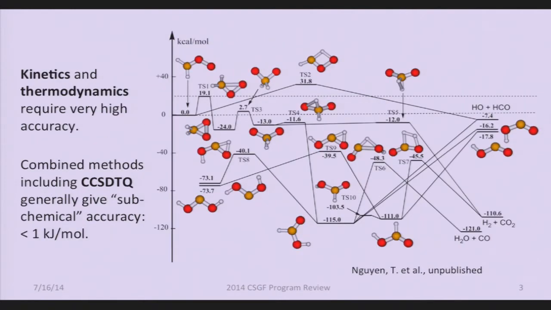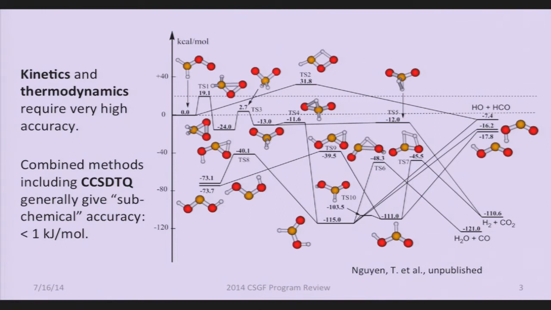So let's say you want to do kinetics or thermodynamics. In order to get that even qualitatively right, you have to have a very high accuracy in your calculations. And a lot of experience has shown that, well, first of all, you have to do a lot of calculations. There's no one golden bullet that can get this right. You have to take things and you have to extrapolate them and add corrections and so on and so on.